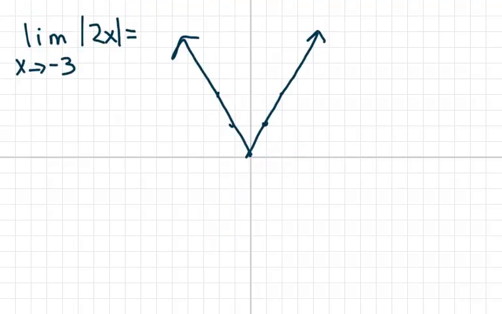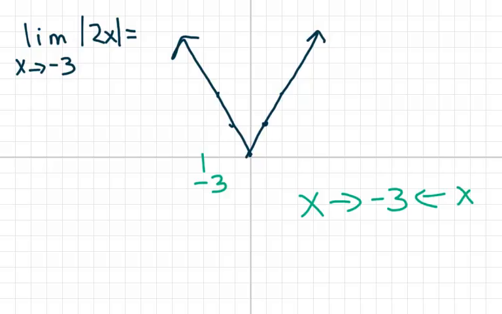The next one is an absolute value function, and we're going to look as x approaches -3. So we're looking as x approaches -3 from the left and from the right. So we're going from the left here to -3, so right in here, and then from the right we're going up from here. And that limit happens to be 6.